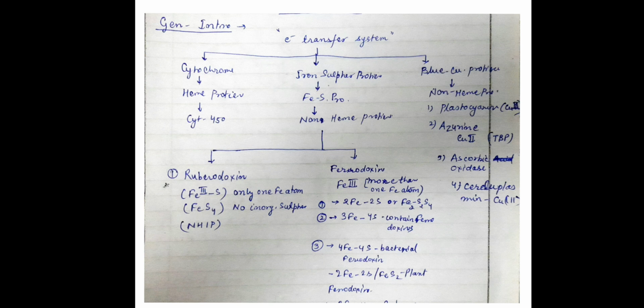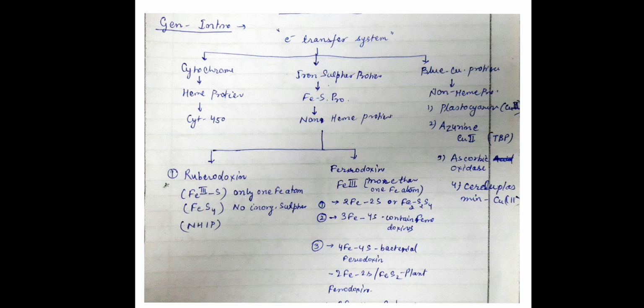Now iron sulfur proteins are again of two types. They are called non-heme proteins. They are rubredoxin and ferredoxin. Rubredoxin has iron 3 and sulfur containing group. Only one iron atom is present. FeS4 is the general formula, and this sulfur is not inorganic sulfur.